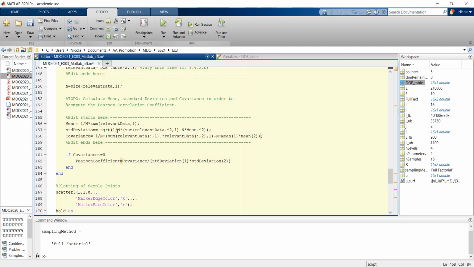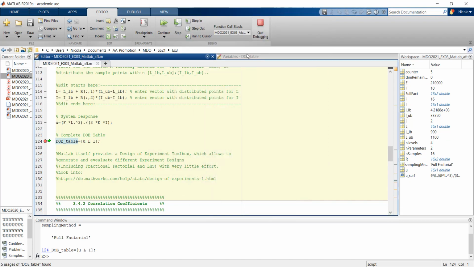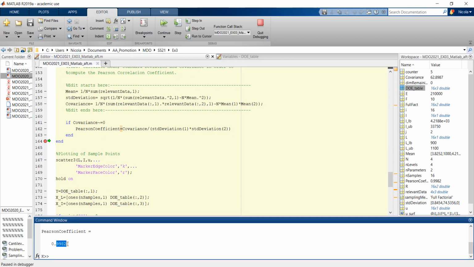So L in this case, because we want to compute the Pearson correlation coefficient between U and L. And now let's run it. And we got a Pearson correlation coefficient of 0.9982.